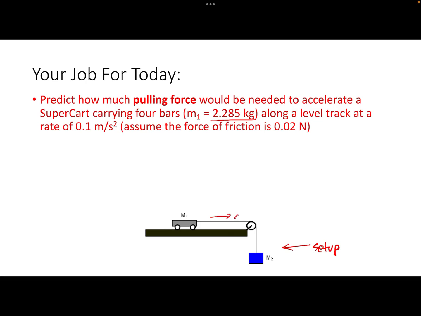So we want our acceleration to be 0.1 meters per second squared. And we have a known force of friction of 0.02 newtons, which is super small. And I don't know what the real force of friction acting on the supercarts is, but it's relatively small, right? It's not super large.